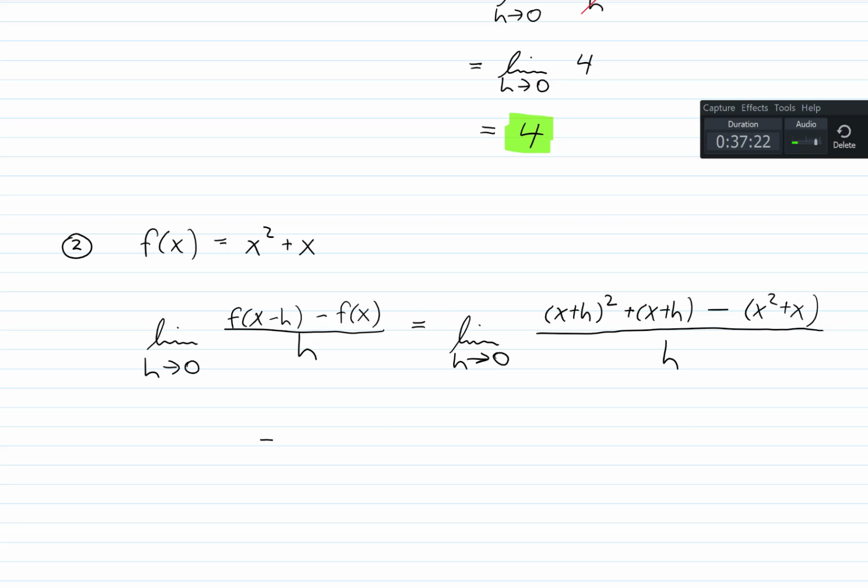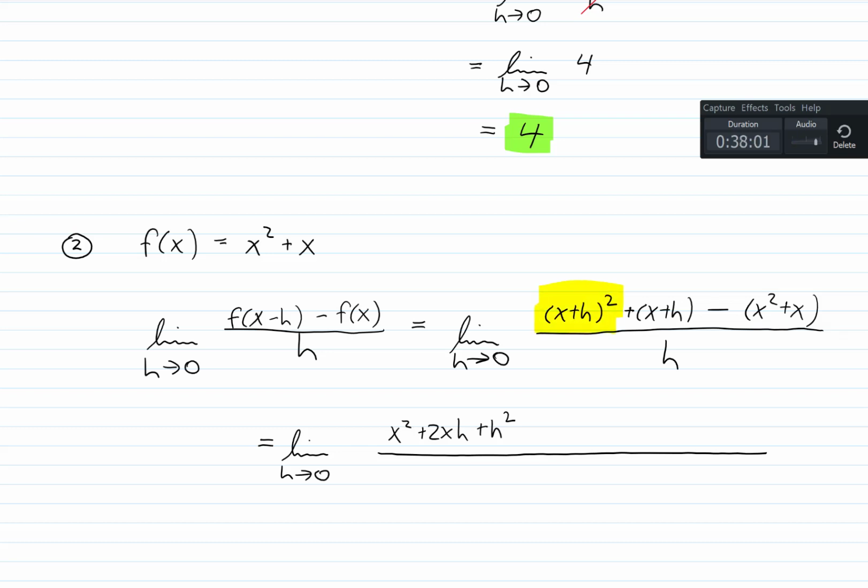I'm worried about running off the side of the screen, so I'm going to move over to the left a little. Okay, so we're going to have the limit as h approaches 0. The limit of what? Well, who knows until we just work it out. There we go. Okay, so what's up there? Well, there's an x squared plus 2xh plus h squared.